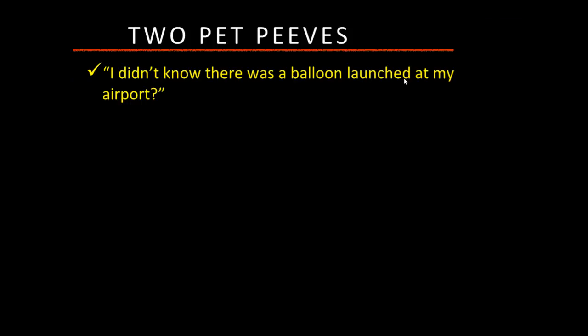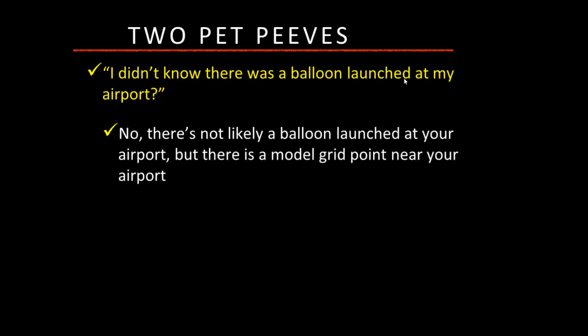I want to mention a couple of pet peeves that just drive me bananas, and that is I hear pilots say, "Oh, I didn't know there was a balloon launched at my airport." Well, most likely a balloon is not launched at your airport, but there's a model grid point near that airport, like we just saw. So somebody shows them a SKEW-T diagram for their airport, and they immediately think it's a balloon launch, but it's not.